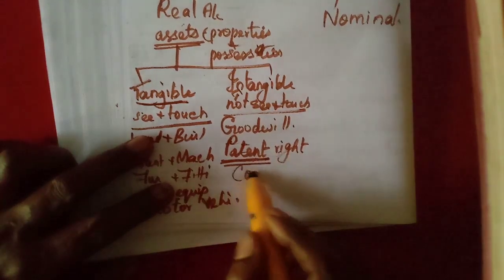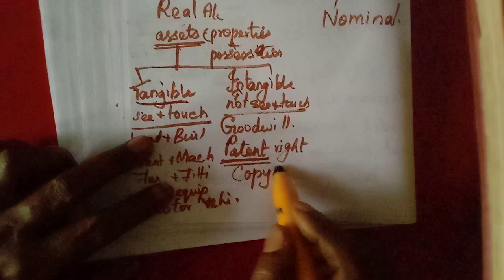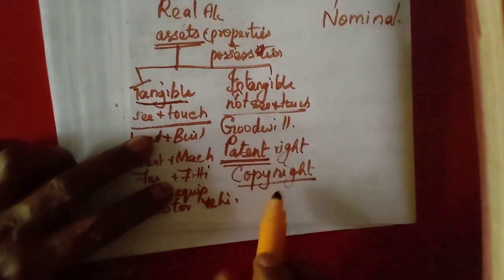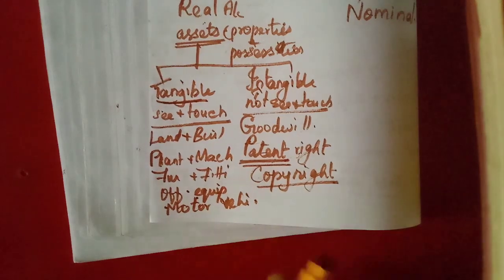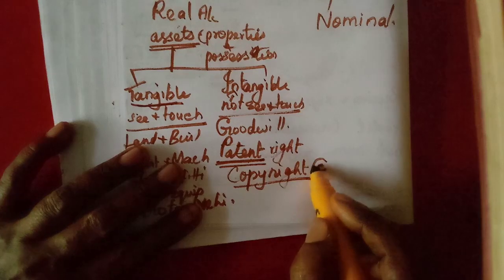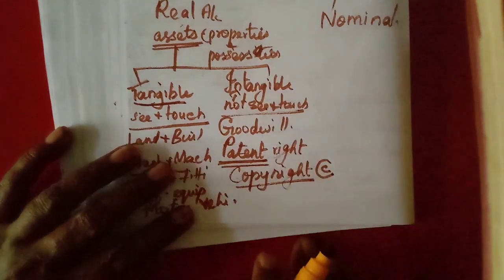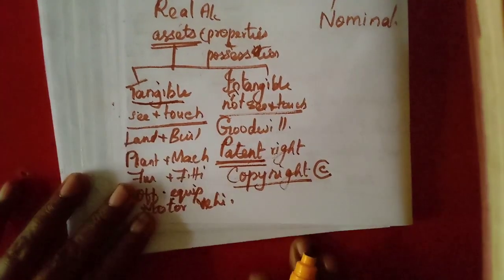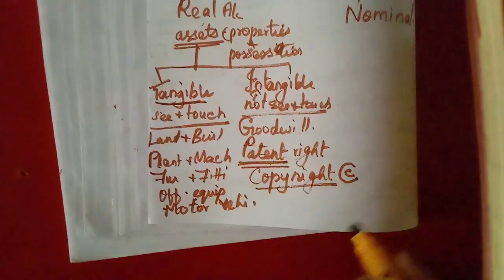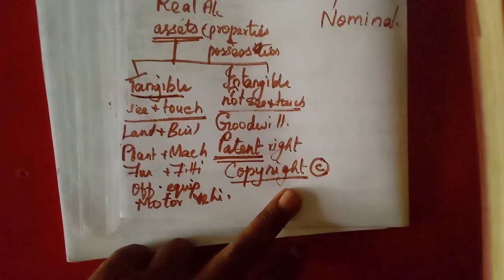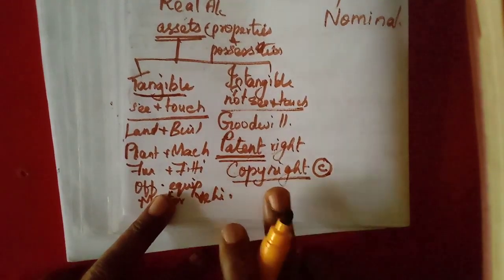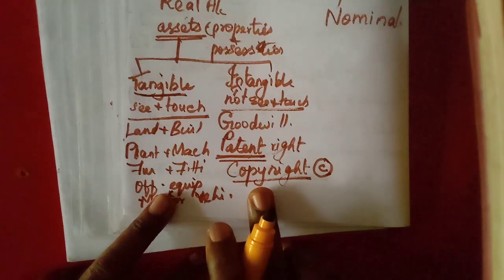Then copyright. This one is related to the book. If you write your book, you will have the copyright. You might have seen in every book that the publishers or the authors have one symbol like this, a C kept in a circle. That is called the copyright. Who can take copies of that book?